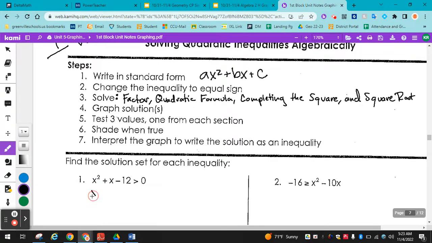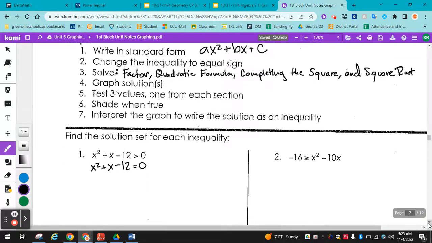So set it equal to 0. This is factorable because I know numbers that multiply to negative 12 and add to 1. Factoring is the quickest. I know you guys hate factoring, but if it's factorable, it is the quickest way to do it.